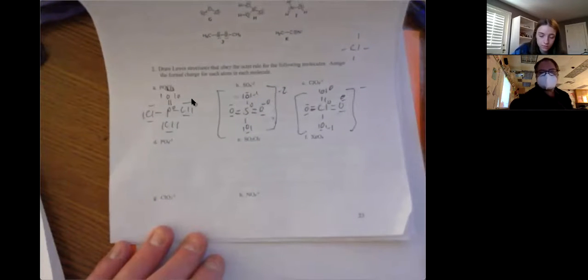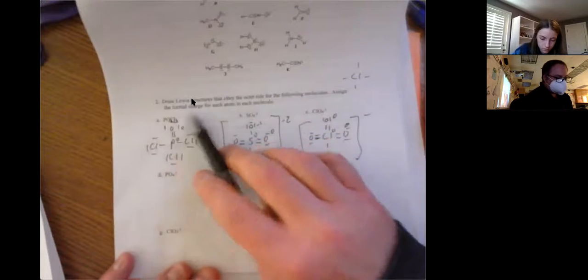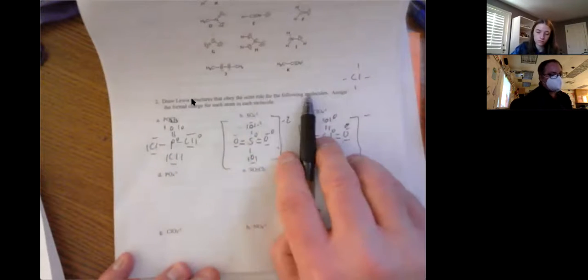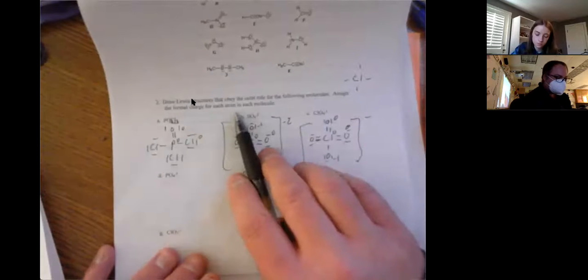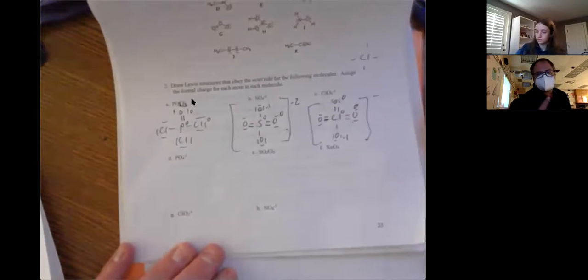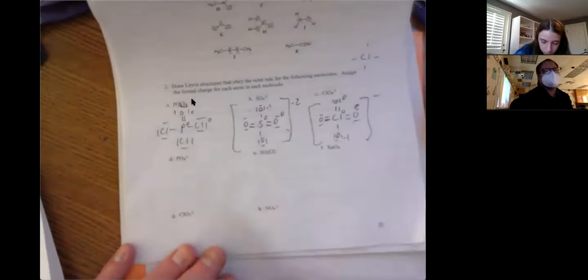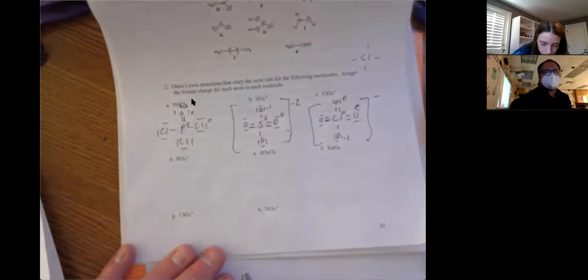If you don't want the advanced lesson, that's okay, because you can use the alternative instructions here. Draw the Lewis structures that obey the octet rule like you're used to, and assign the formal charge for each atom in each molecule. If you do that, you should be able to see that they don't have the lowest formal charges. But if you can, figure out how you should draw them so that the formal charges are better.